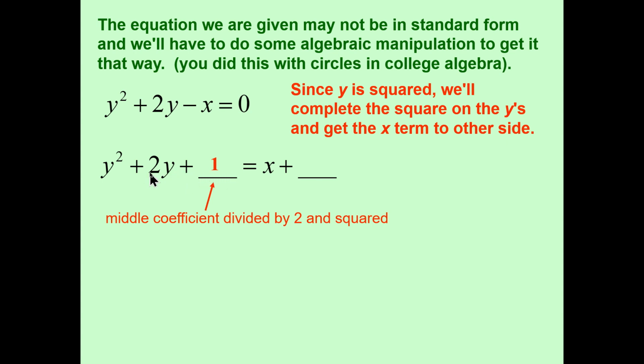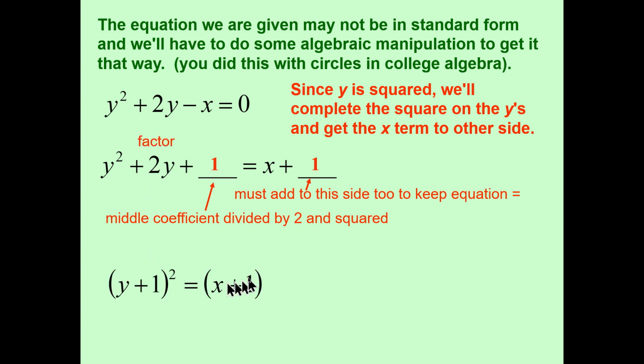Half of 2 is 1, and squared, it's 1. And what you do to one side, you do to the other. So I took half of this 2 and squared it and put it there and there. Then I rewrote this in factored form. Factors of 1 that add up to 2: 1 and 1. And that's what it looks like there.